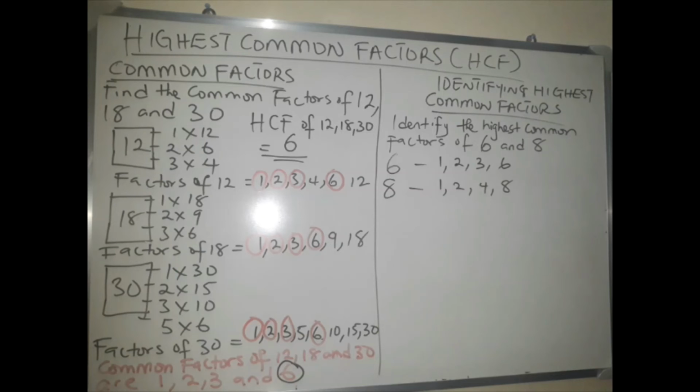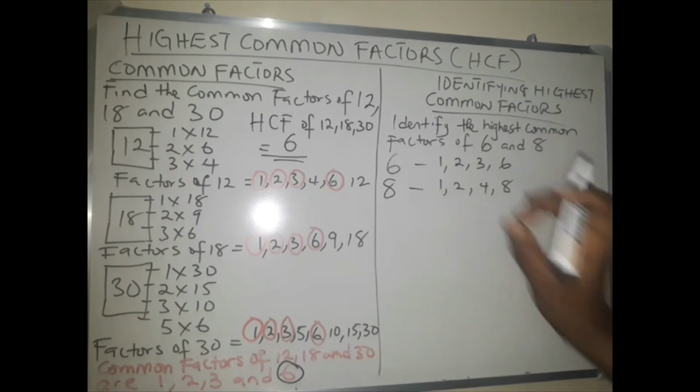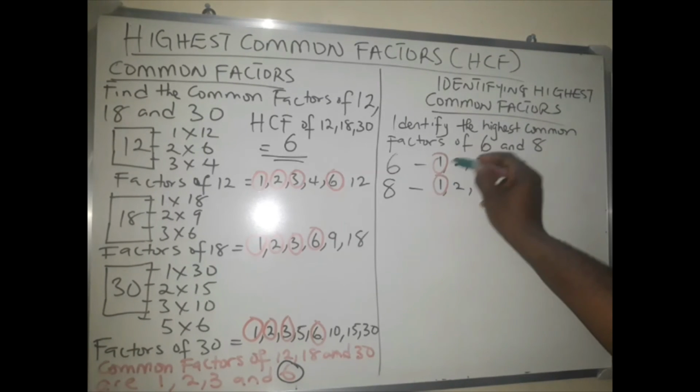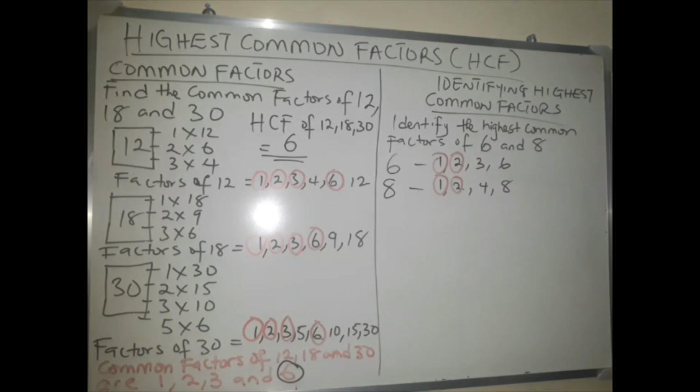Now, the next thing we do is we write out the common factors of the numbers. In this case, we can identify 1 and 2 as the common factors of 6 and 8.